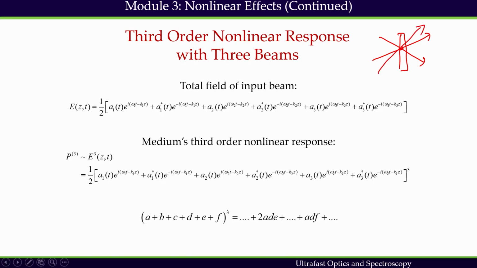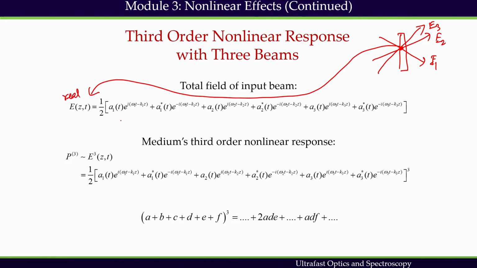So if I have 3 beams, E1, E2 and E3, then we know that fields would be additive. At this point, the electric field, the real field, is going to be nothing but this: the first beam in complex notation and its conjugate, then the second beam, and the third beam.